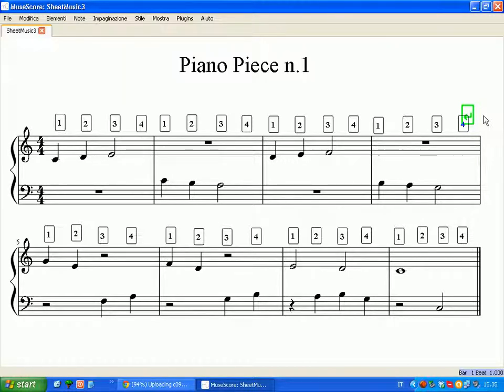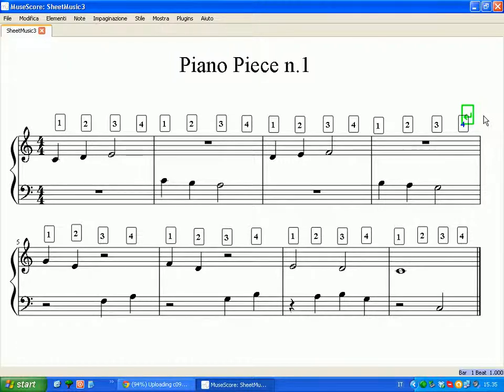So I'm not counting, I'm keeping the time without counting the beats, but only hitting the desk with the pencil in correspondence of each beat.